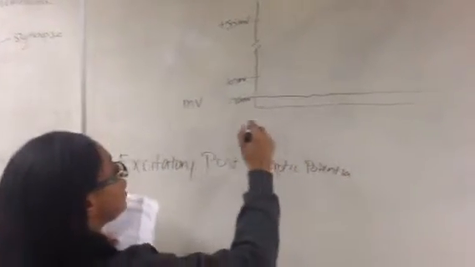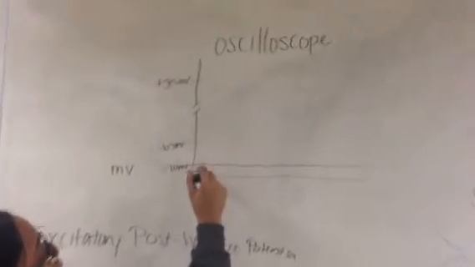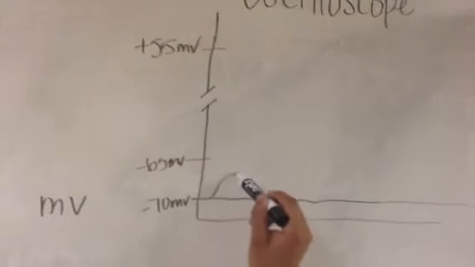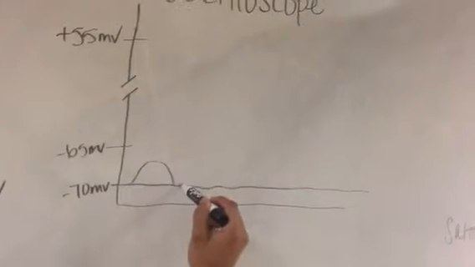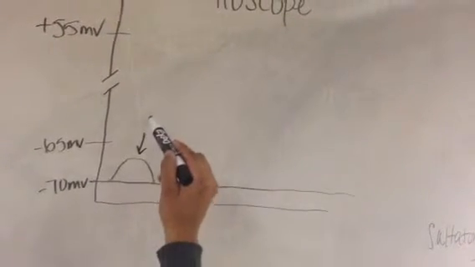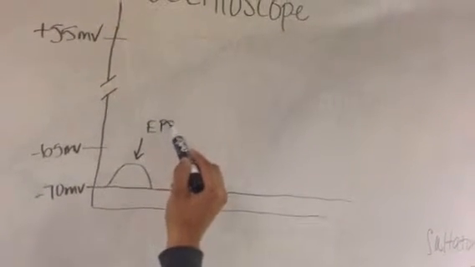Again, what that is, sodium flowing into the cell causes a short bump of depolarization, and it makes a little bump on the scale right there. So this is EPSP right here, which is again the flow of sodium into the postsynaptic membrane.